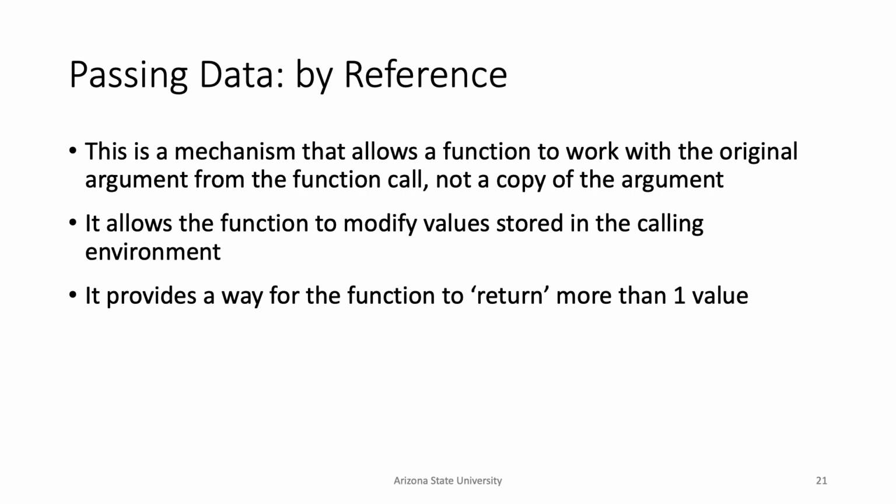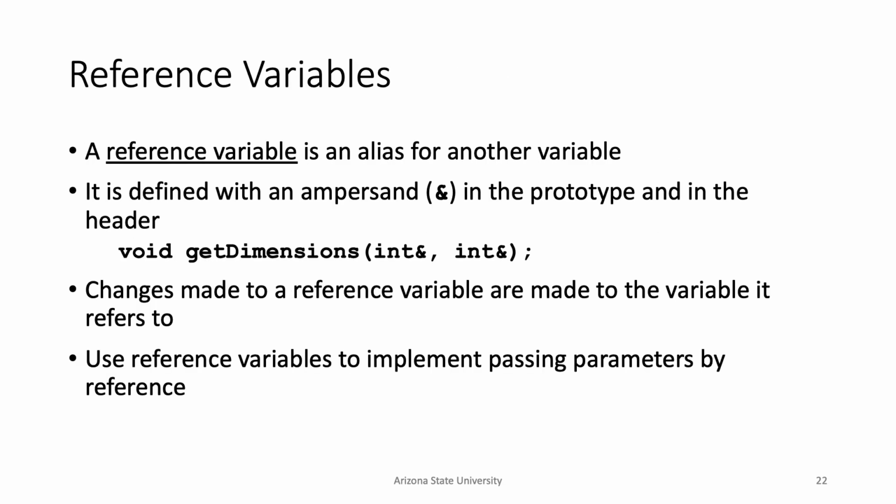Sometimes you do want to modify the original variable, like the example I just gave, or you do want a completely independent copy. So a reference variable can be used anywhere, but we're mainly using it for a function now, where you put the ampersand right after the type.